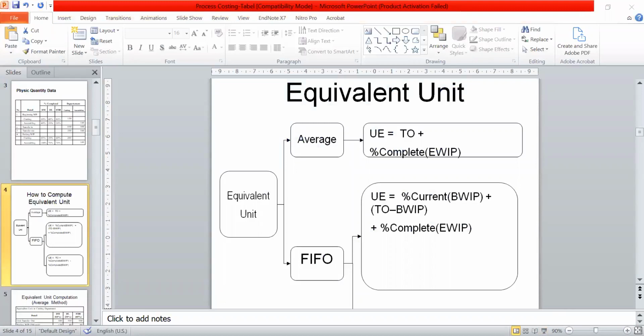And remember, between the two methods in the process costing, the average method and the FIFO method, the formula to calculate the equivalent unit is different. Okay, so UE in here refers to the equivalent unit, right? And then TO is transfer out. Remember this information?